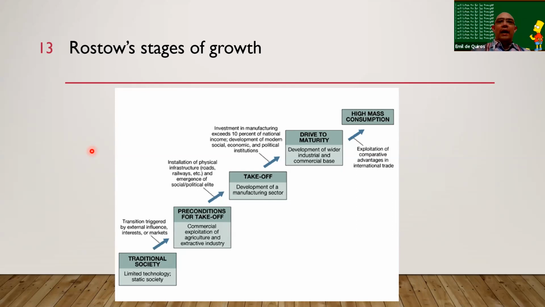And Rostow is also saying that other industries still basic, like mining and extractives, start to develop. So still very manual, still very backward, still minimal processing, minimal infrastructure, still not at par with advanced economies. So it's the preconditions for takeoff.